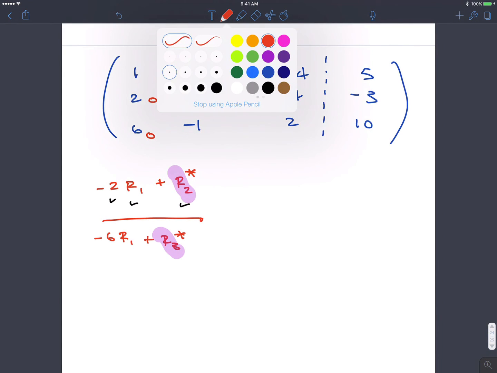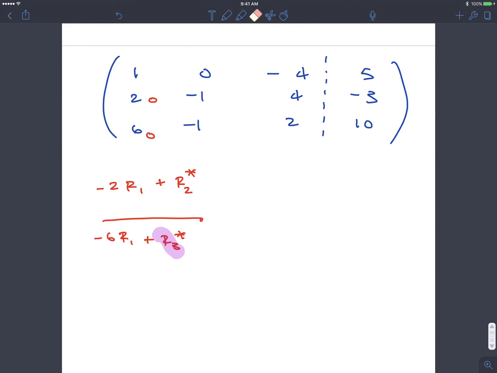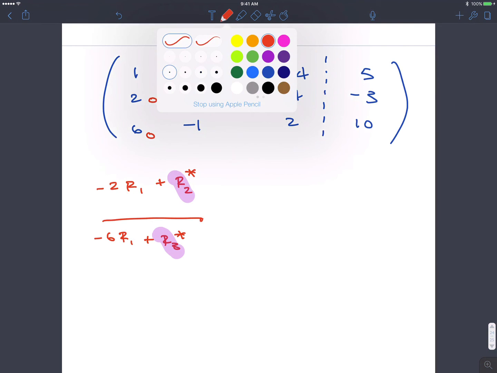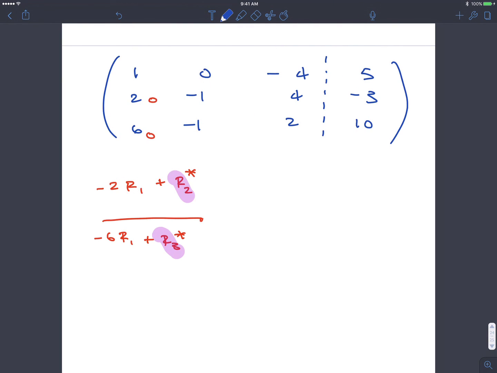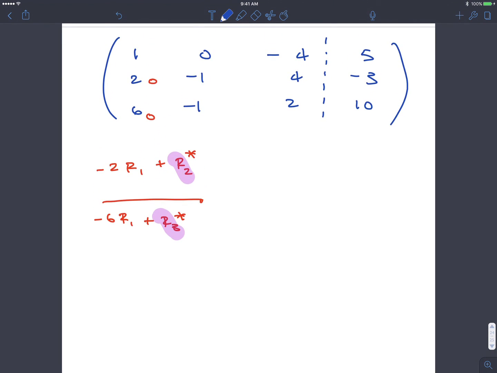This is my notation now. So let's erase some of these things and let's remember what changes here. Row 2 changes. Row 1 is staying the same. So what I do here in a 3 by 3 case, where row 1 stays the same, is I'll just write row 1 down: 1, 0, -4, 5. There's my row 1.